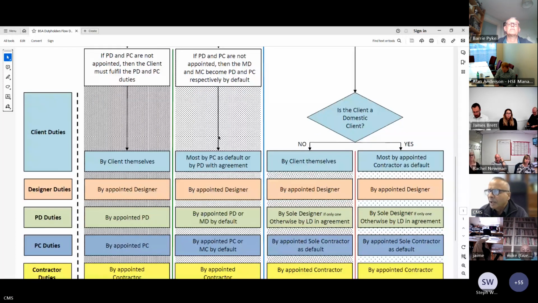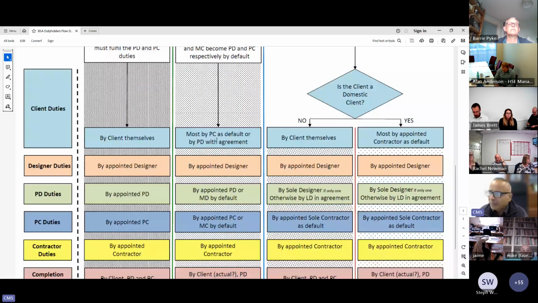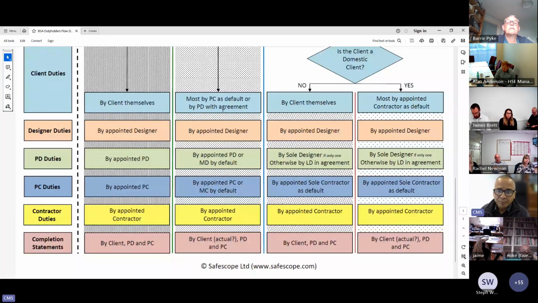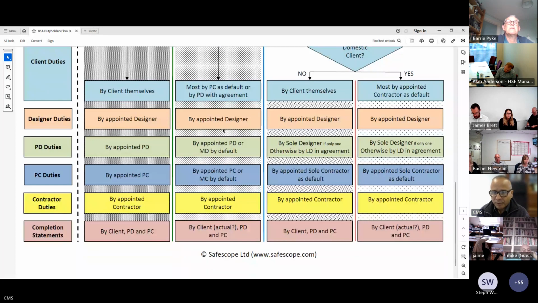Right. What about the client duties? Exactly same scenario as one contractor case. Those duties are to be fulfilled by principal contractor by default, and there's also provision the principal designer could agree in writing that they want to take on those client duties, which is highly unlikely for a PD to do.